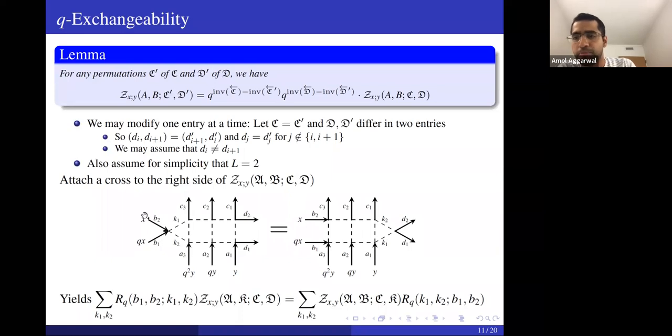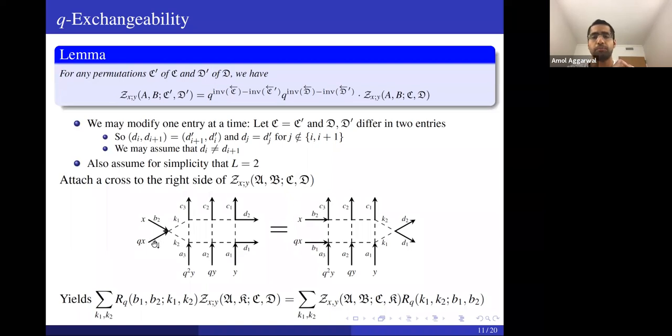Again, due to my choice of the rapidity parameters in this bundled weight. So that means that the spectral parameter at this vertex is the quotient of qx by x, which is just q. And this is indeed where the R_q parameter plays a role. This is indeed where R_q is important, because it's really what you get from attaching these crosses.